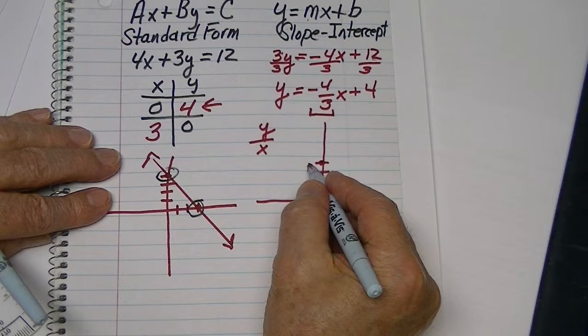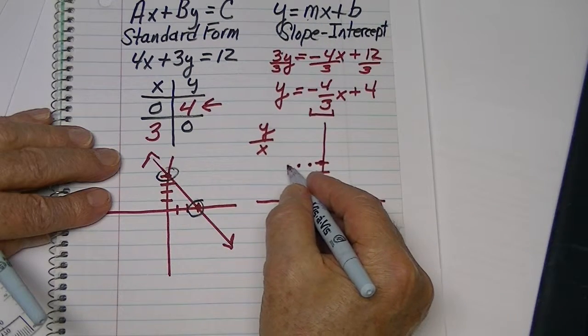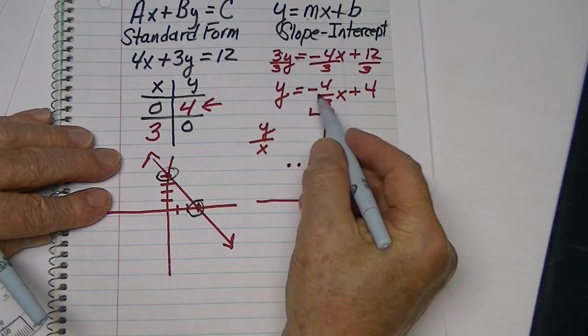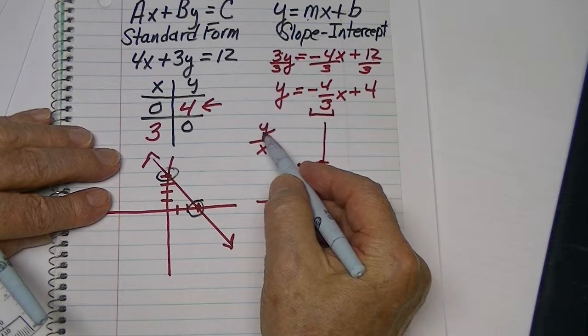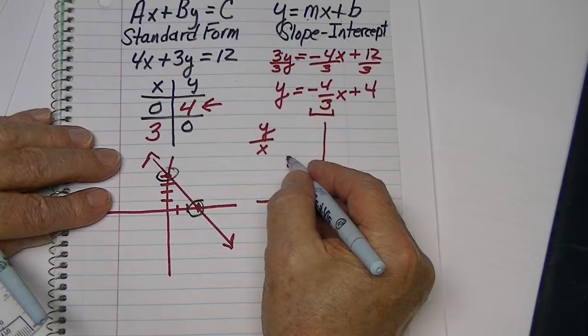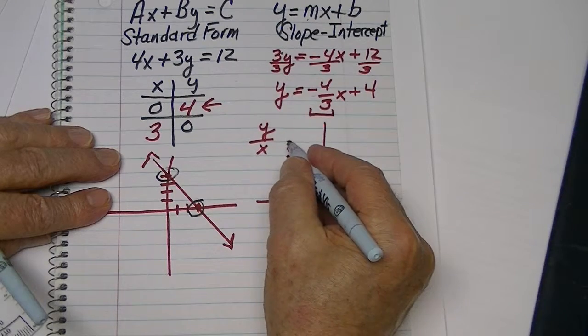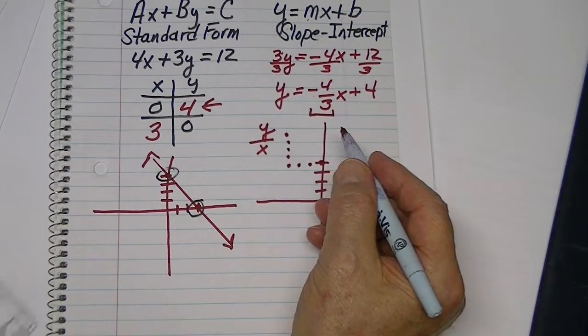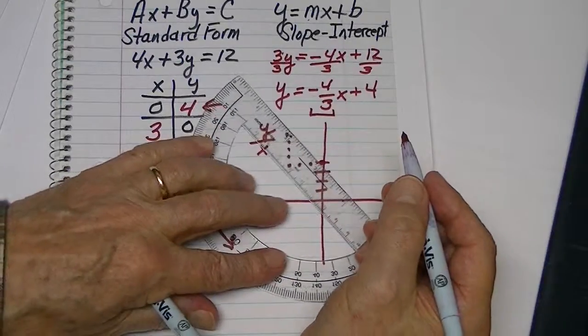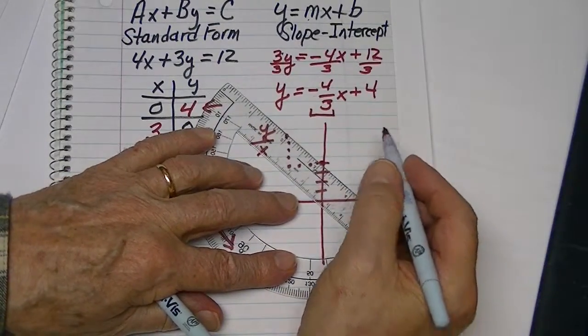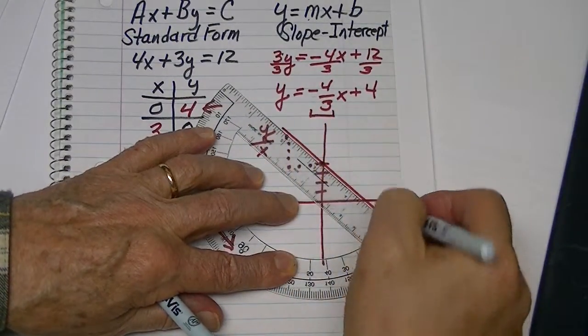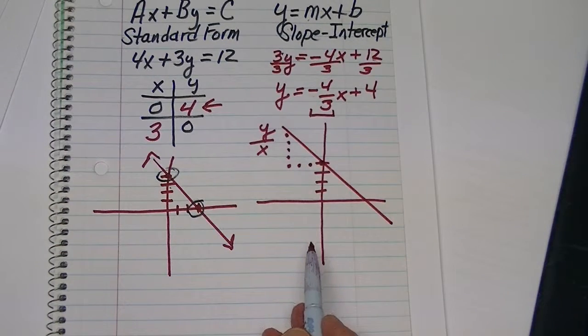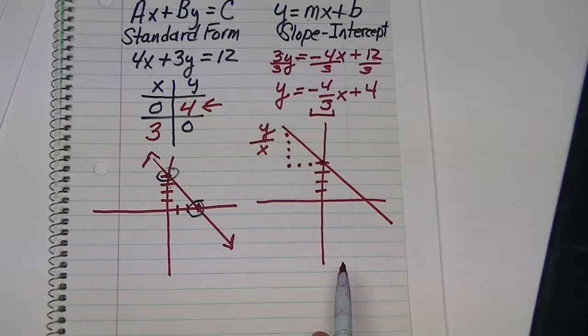I'm going to go over 3. 1, 2, 3. And then I have a rise. That's my y unit of 4. 1, 2, 3, 4. And lo and behold, we have pretty much the same graph.